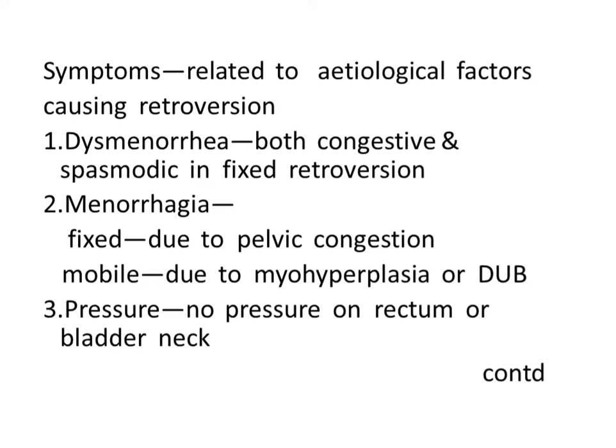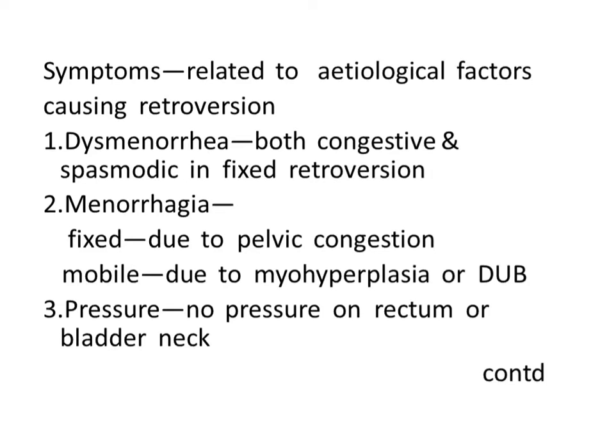Pressure symptoms are more only if there is an associated tumor in the fixed retroversion. Say a large ovarian cyst or a large fibroid is there, that may be causing pressure. But otherwise, there is not much pressure in a mobile retroversion, not much pressure on the rectum or on the bladder neck.